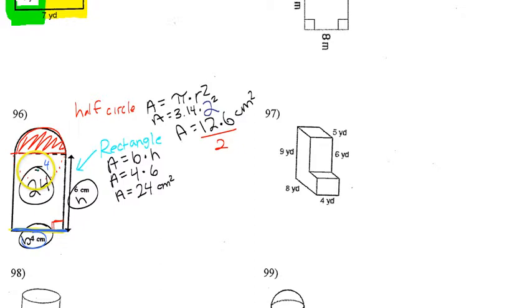We've already found this area down here as a part of the 24 rectangle. So I'm going to take this 12.6, divide it by 2, and the area of my half circle will be 6.3 centimeters squared.